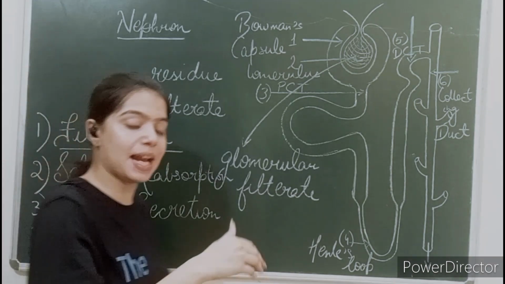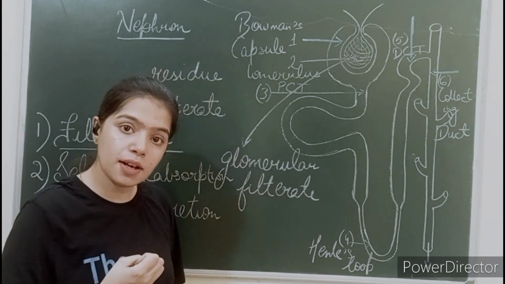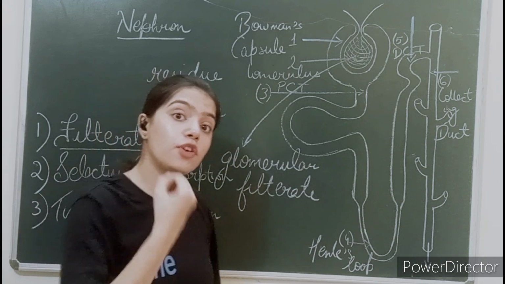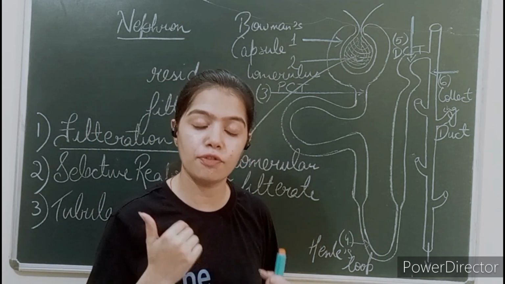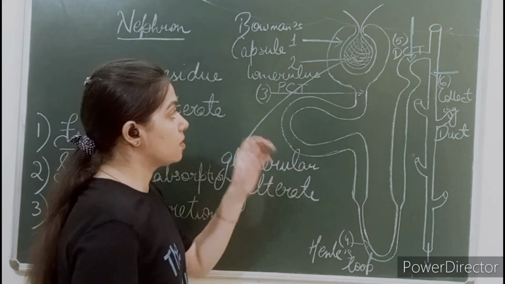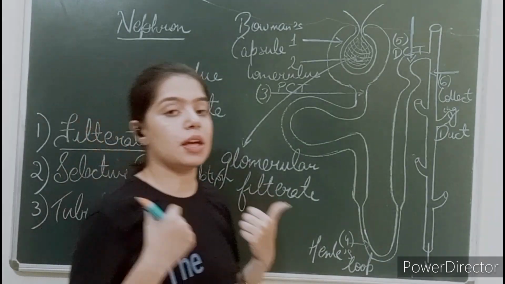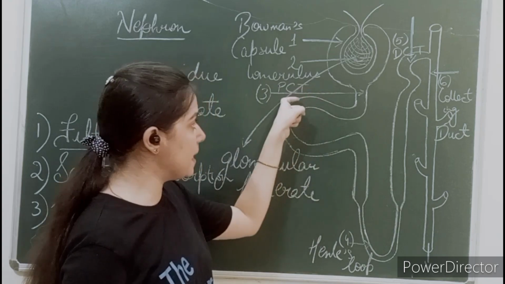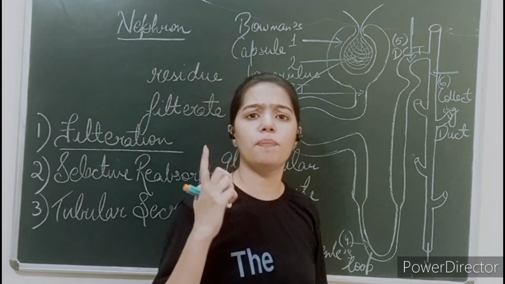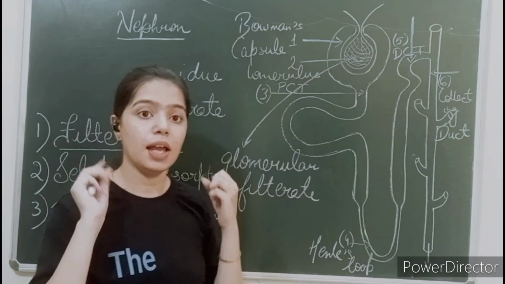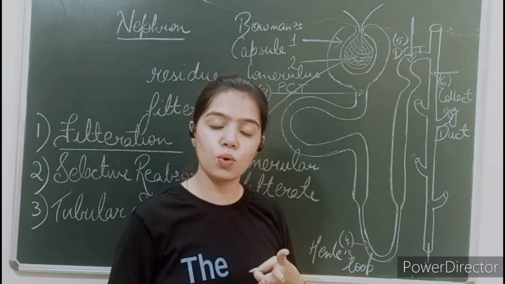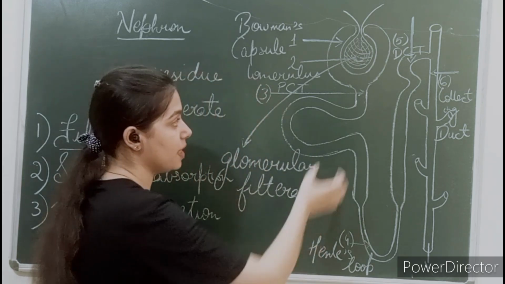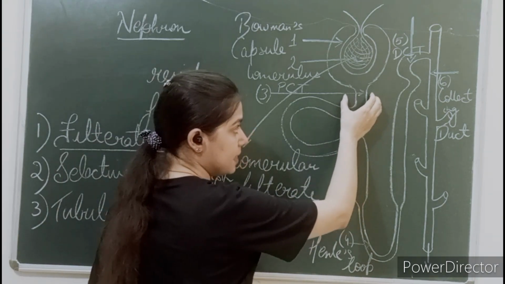All the useful substances will be reabsorbed, whereas all the non-required substances will be removed from the nephron. The maximum reabsorption in the nephron occurs in the PCT. PCT stands for proximal convoluted tubule. Three important substances, proteins, amino acids and glucose, undergo maximum reabsorption in this PCT.